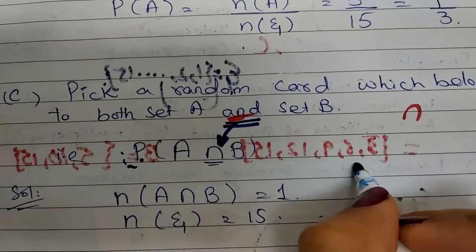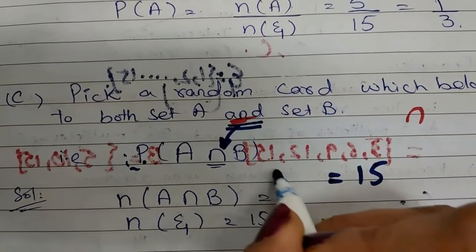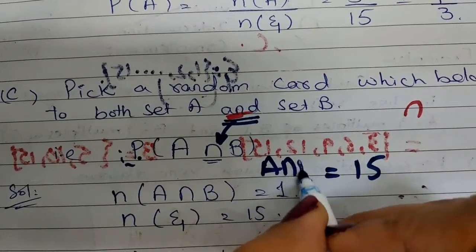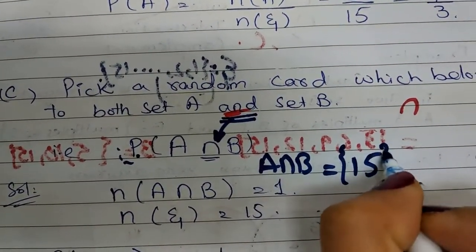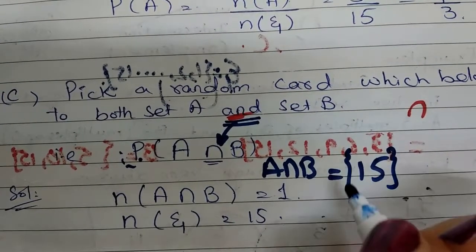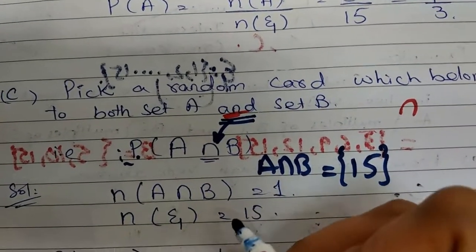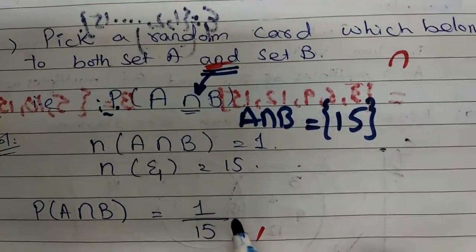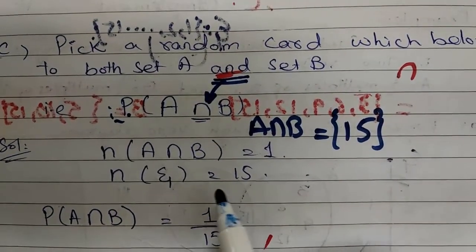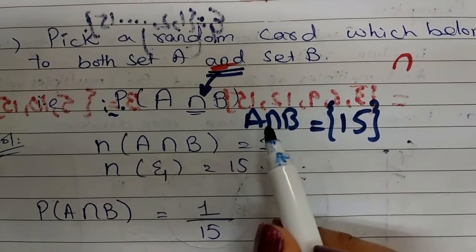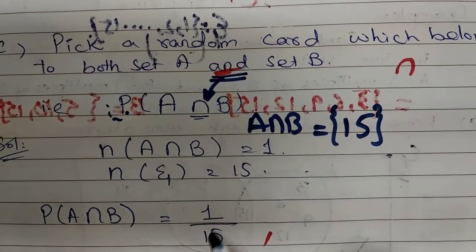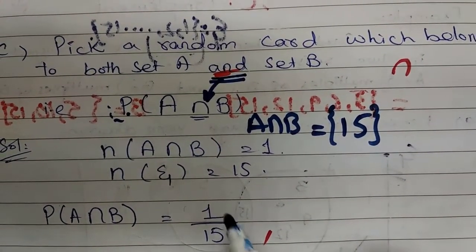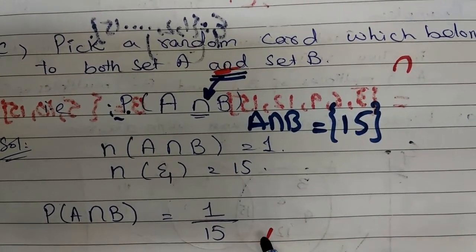Only 15 is present in A intersection B, so the number of elements is 1. So the probability of A intersection B is 1 by 15: the number of elements in A intersection B divided by the number of elements of the universal set.